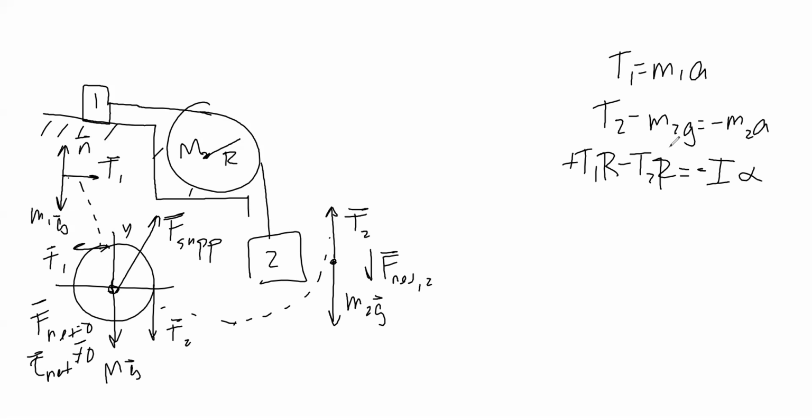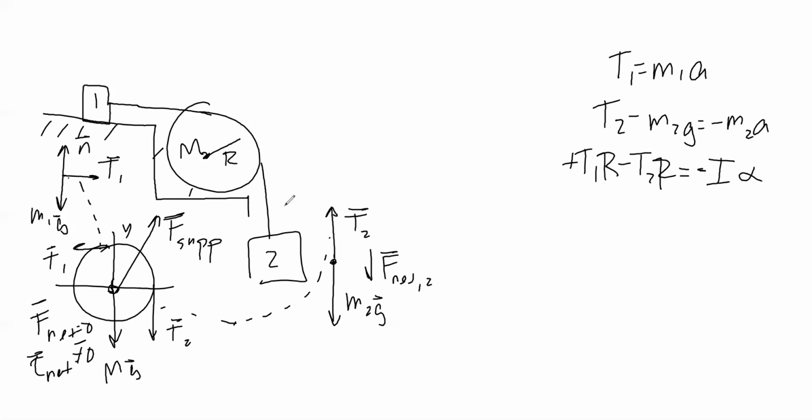But this is where the acceleration constraint comes in. The idea, and I'm going to draw it with this slightly different color. Yeah, right here. I'm going back to this picture at the very top.